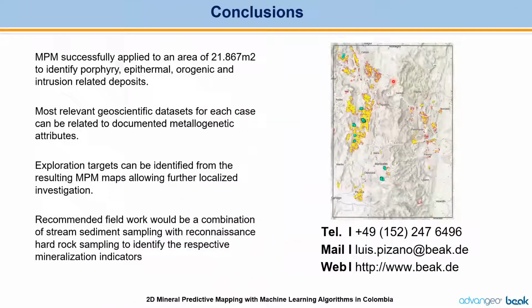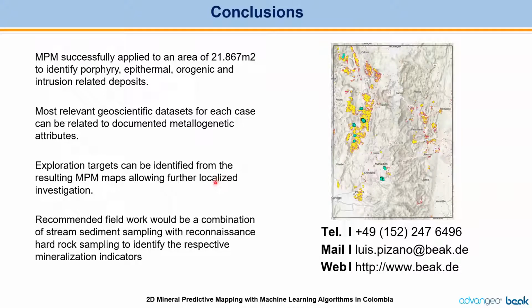And this is really nice because if you see, for example, in this last map, it is not necessary to go to all this region and spend millions of dollars, but actually concentrate only in certain particular places. So this means that mineral predictive mapping was successfully applied for a huge area, and we can concentrate in smaller pieces of land.